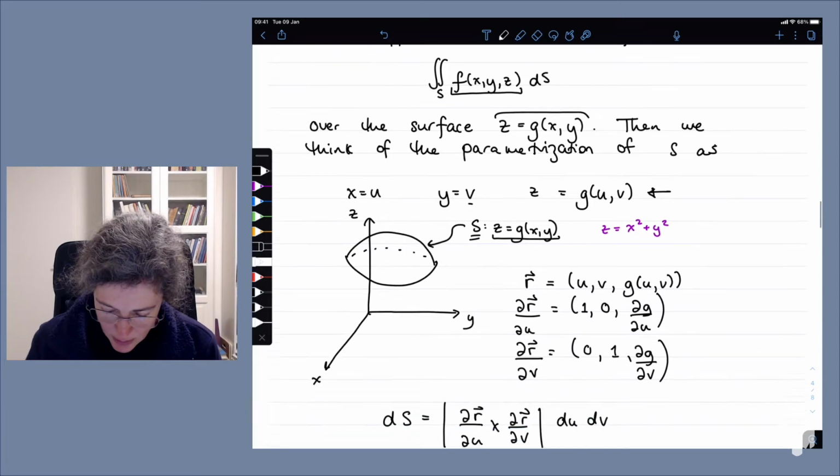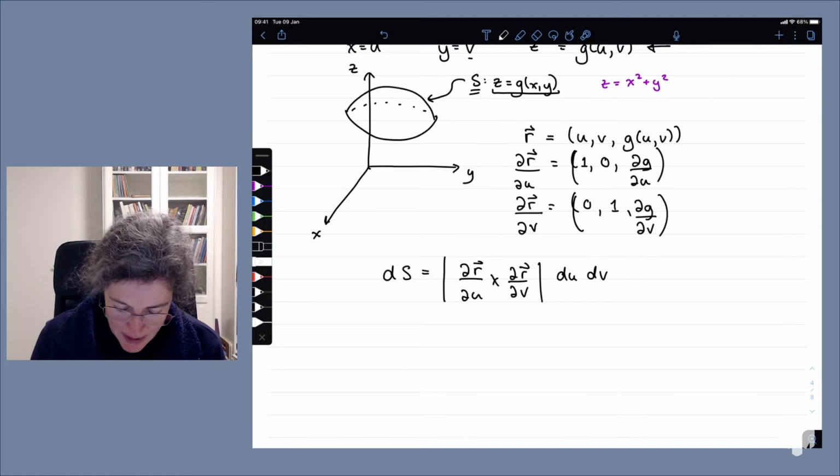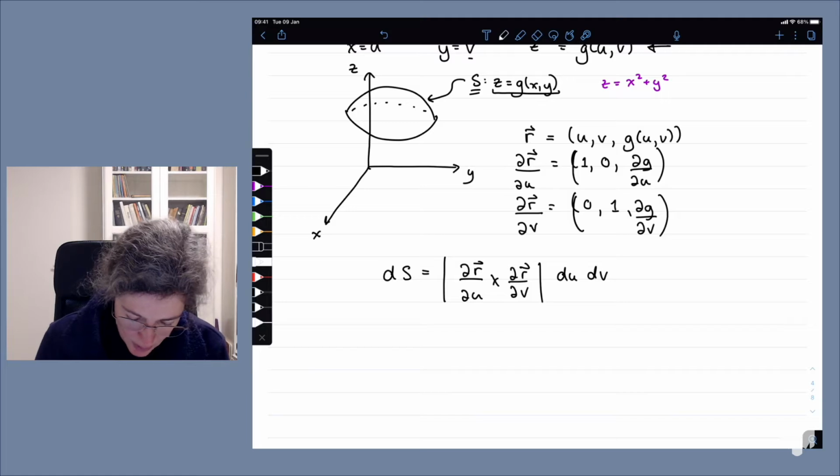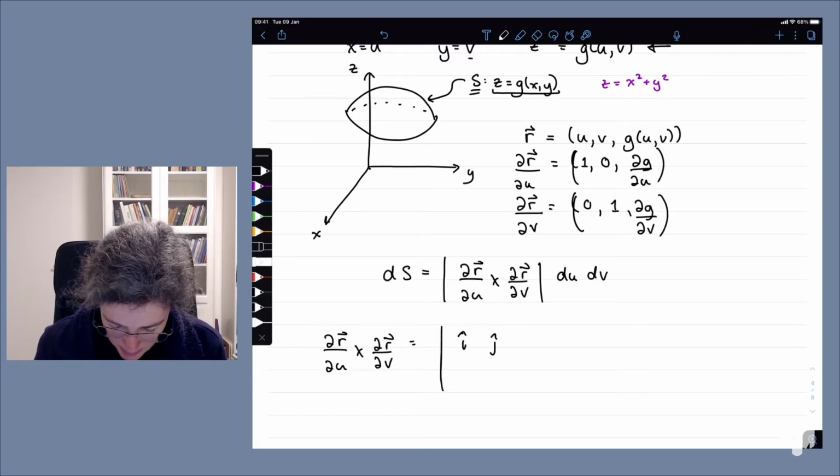But now I can work out explicitly, because I have my dr by du and my dr by dv. How am I going to do this? Okay, first I'm going to work out the cross product. So we know that this is the determinant of i, j, k, and now I need each of the elements. So I've got 1, 0, dg by du.